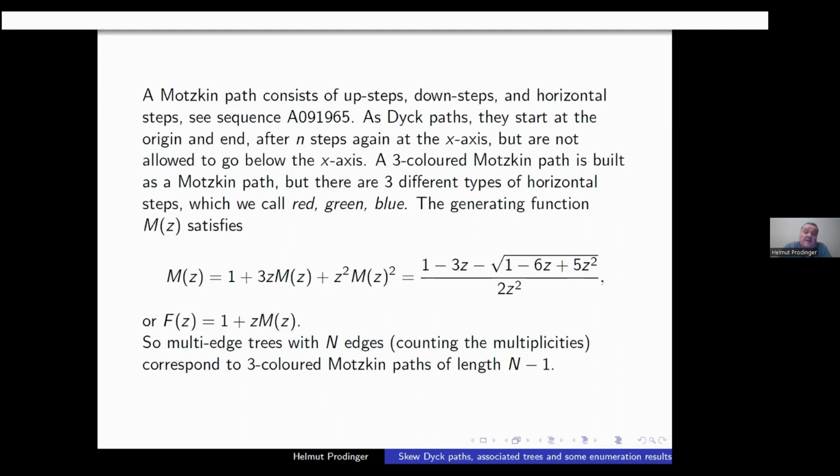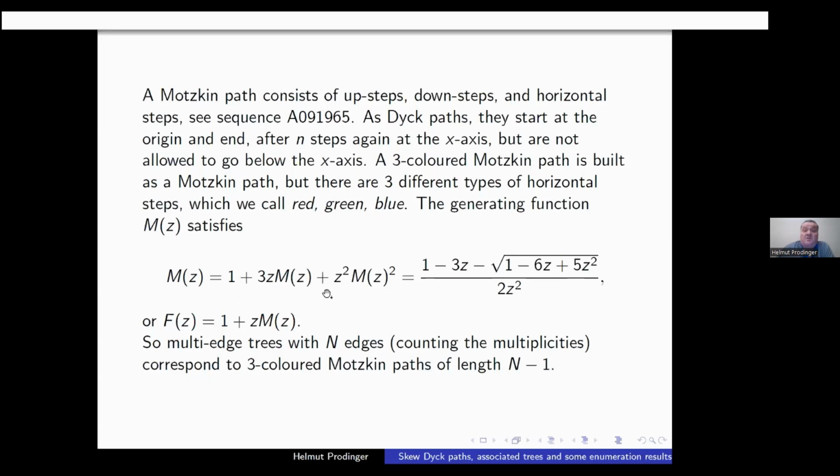So as before in the hex trees, we have 3 different things. Okay, so let's call them red, green, and blue. And if one sets up the generating function for the Motzkin path, then one says, okay, empty, or we start with 3 different types of a horizontal step, and then this quadratic factor as usual.